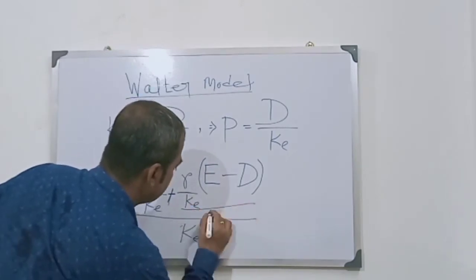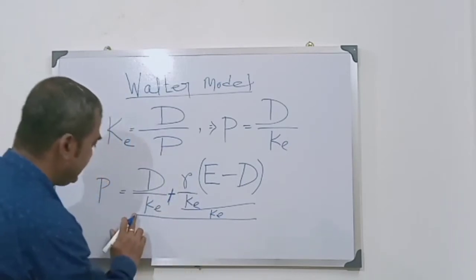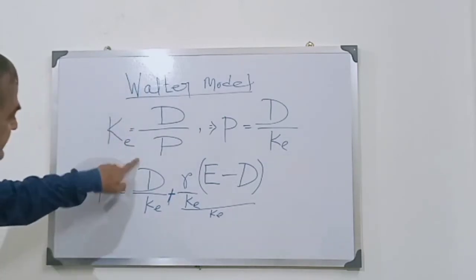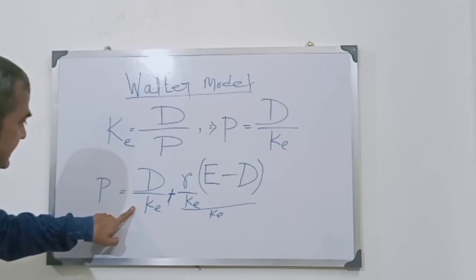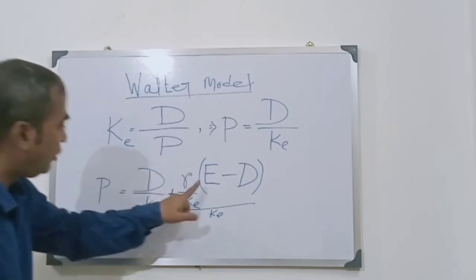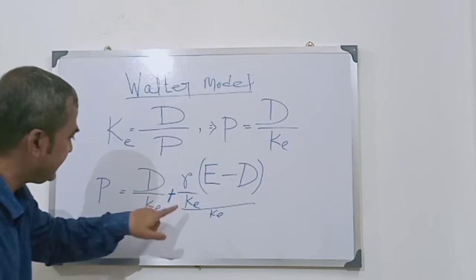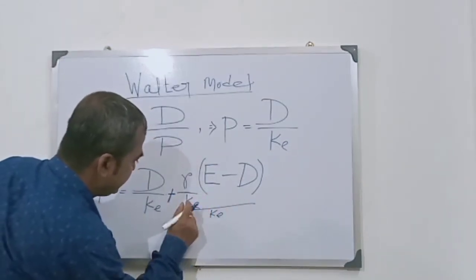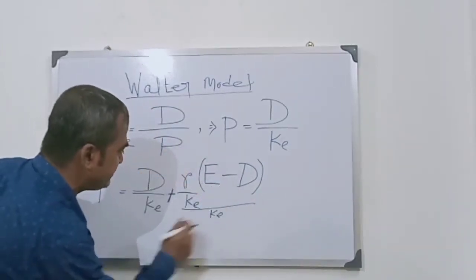As a whole, cost becomes this. Only numerator. This is the price D by K. This one is the growth rate on the fund available, E minus D divided by cost. So as a whole, growth is only on the E minus D portion, that is the retained portion.